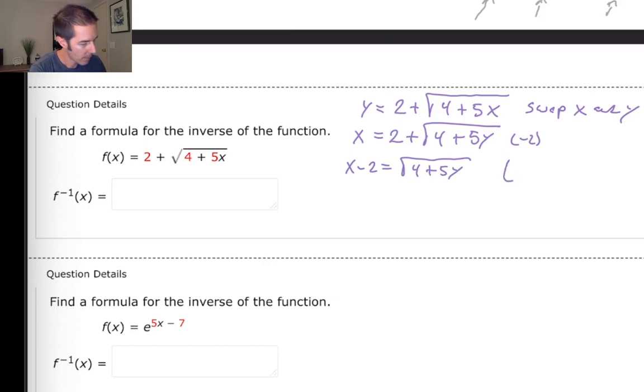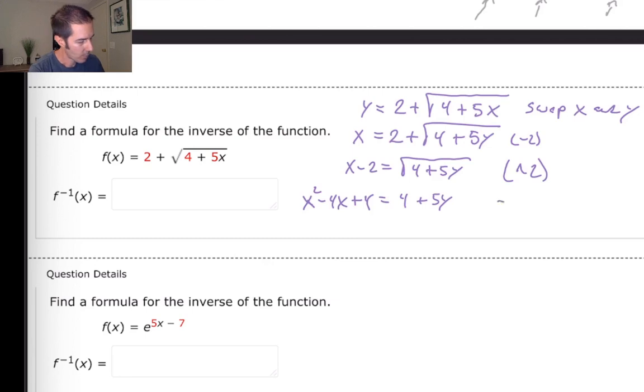So I'll put a little caret with a 2. So I'm raising both sides to the power of 2. On the left-hand side, I'm going to do x minus 2 times x minus 2, FOIL and combine like terms. The result of that is x squared minus 4x plus 4. On the right-hand side, squaring a square root leaves us with 4 plus 5y.